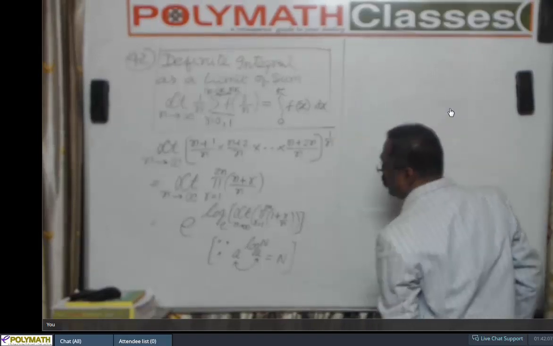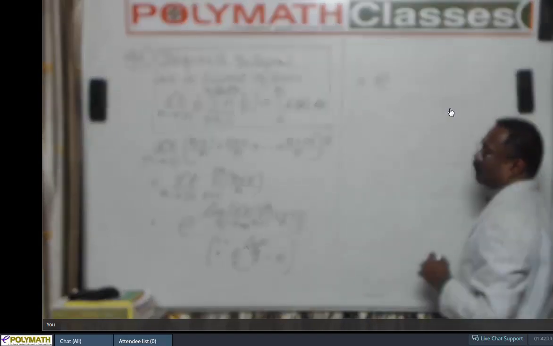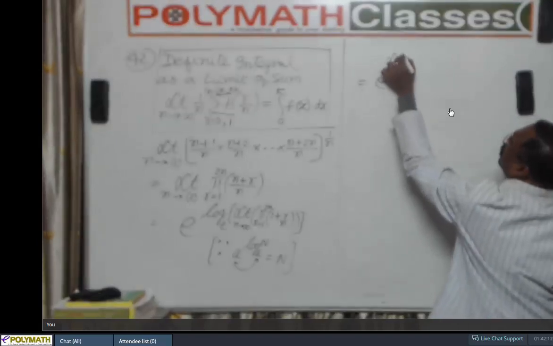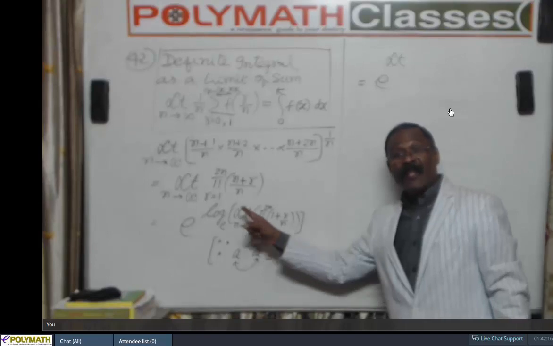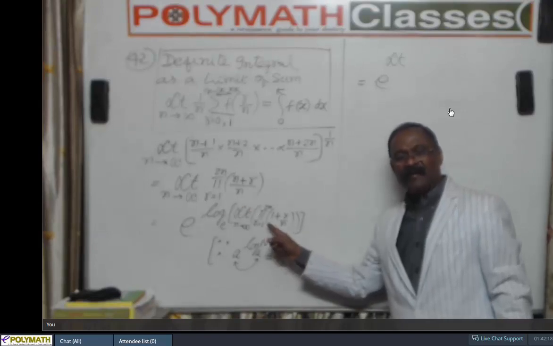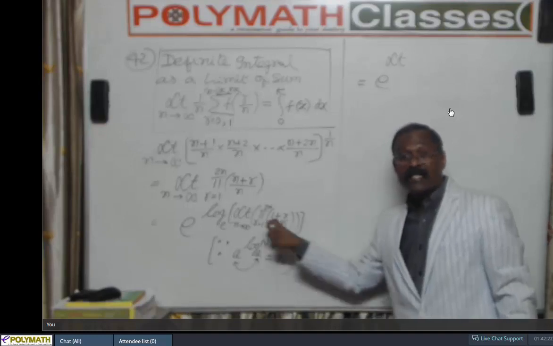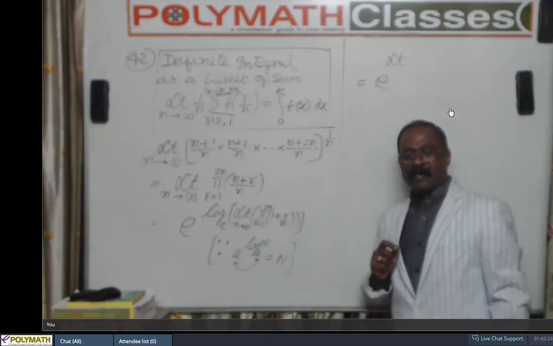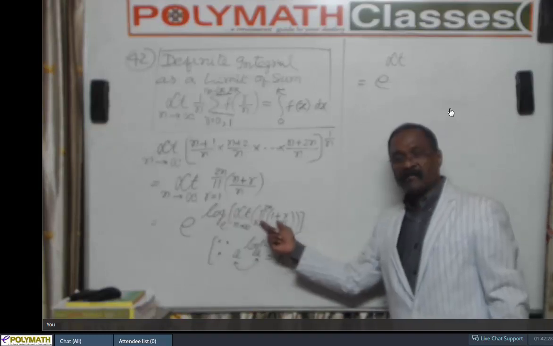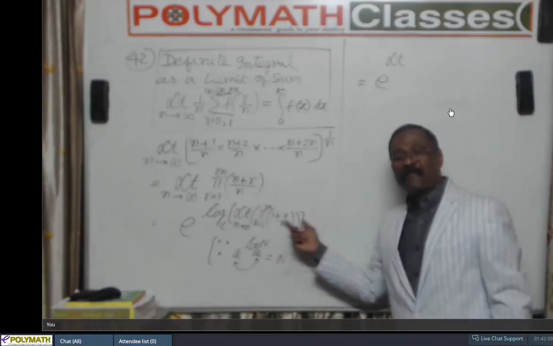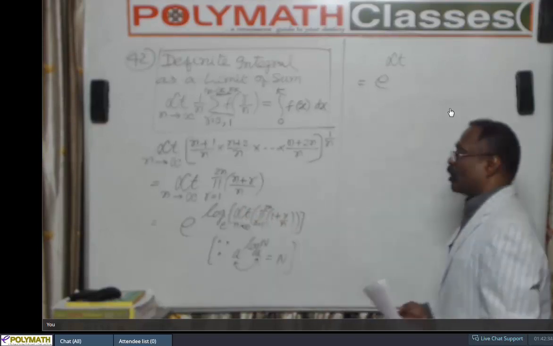So let us see now. This is e power limit of log of pi, that is log of xy, which becomes log x plus log y. So log of pi becomes sigma log of this. Pi becomes sigma if logarithm is sent inside.